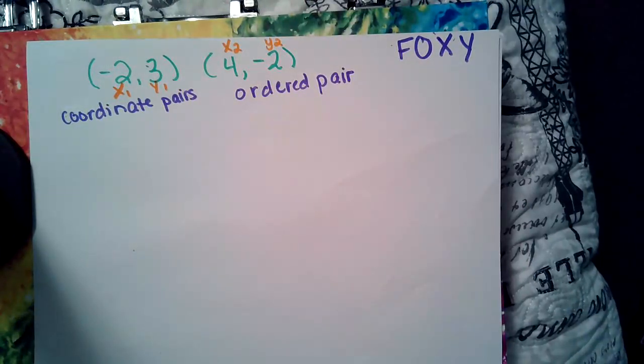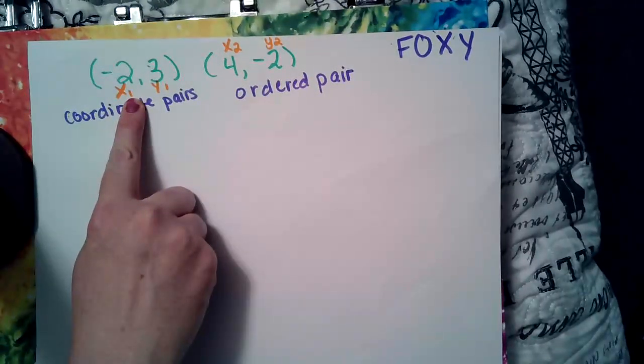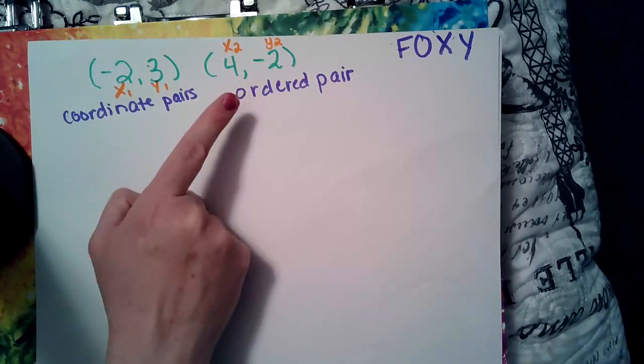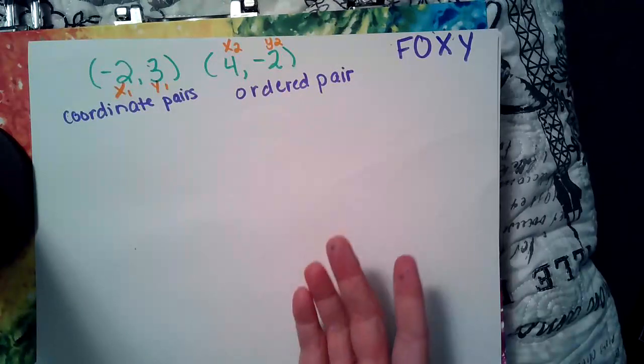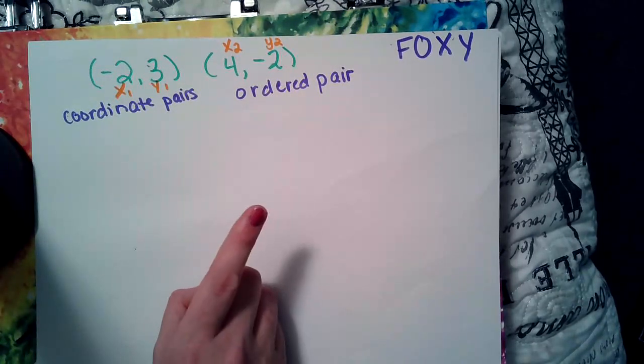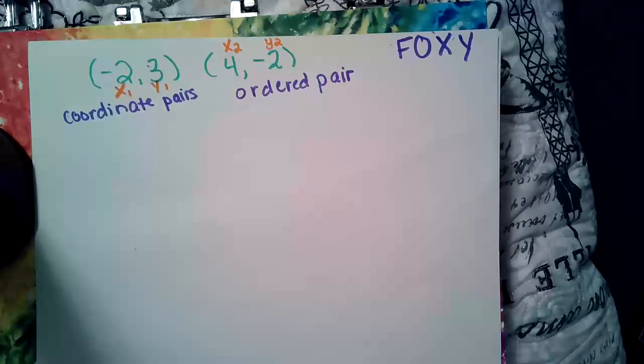And the reason why this is x1 and this is x2 is because in math we read just like we do in English. We read left to right. And we're going to see that we're going to do the exact same thing on a graph.